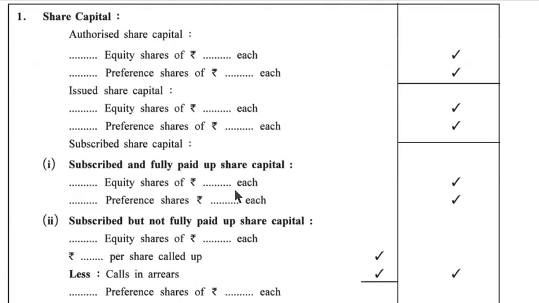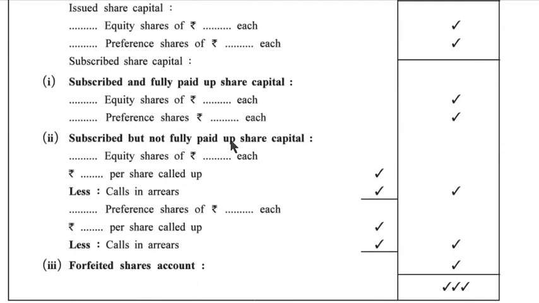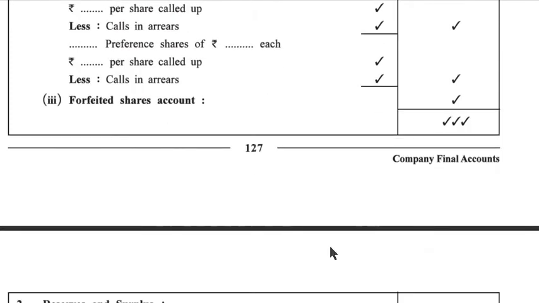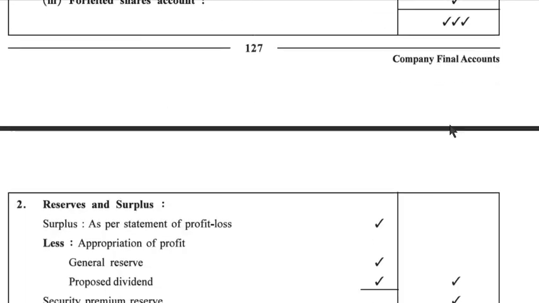Subscribed and fully paid up shares: number of equity shares and rupees each, number of preference shares and rupees each, and we have to write the total here. Subscribed but not fully paid up share capital: number of equity shares, rupees each, rupees per share called up, less call in arrears; number of preference shares, rupees each, rupees per share called up minus call in arrears; forfeited shares account, and afterward we have to write the total here.